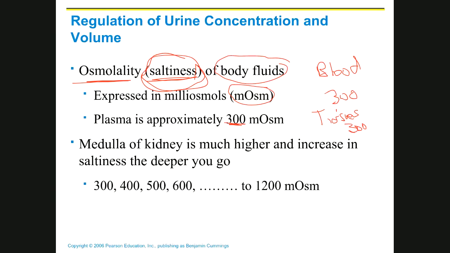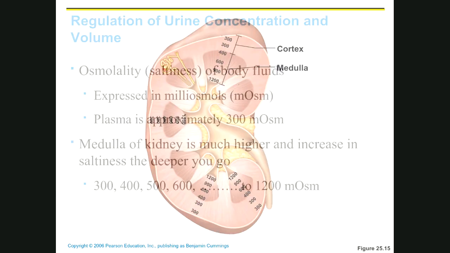But the kidney is the weirdest thing, because the deeper you go into the kidney, the saltier it gets. So it starts at 300, but when you enter the medulla of the kidney, it starts getting saltier and saltier the deeper you go. So look, it looks like this.